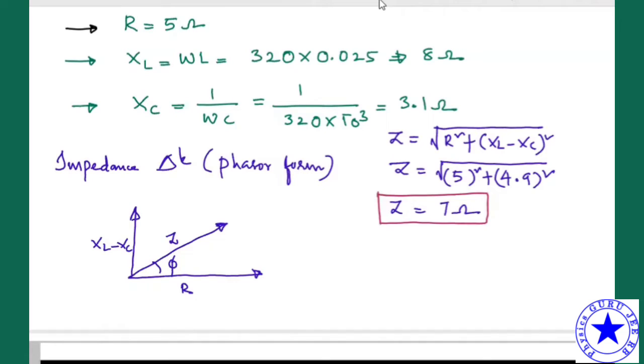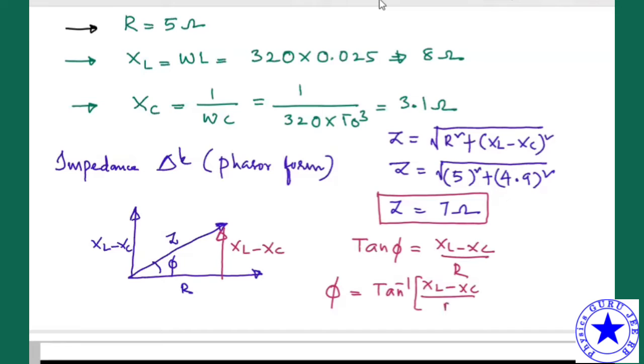From the triangle we have 5. What we require is the impedance and the phase from the triangle. Tan phi is equal to XL minus XC divided by R, or phi equals tan inverse of XL minus XC divided by R. We got XL minus XC as 4.9 divided by 5, approximately 5 divided by 5, which is 1.